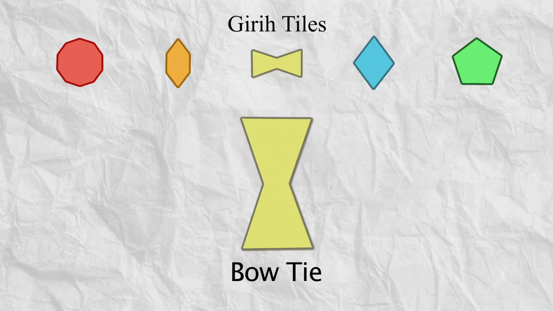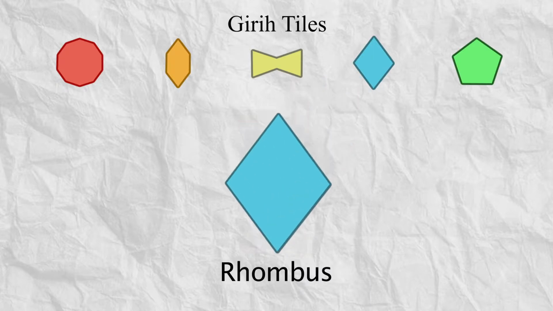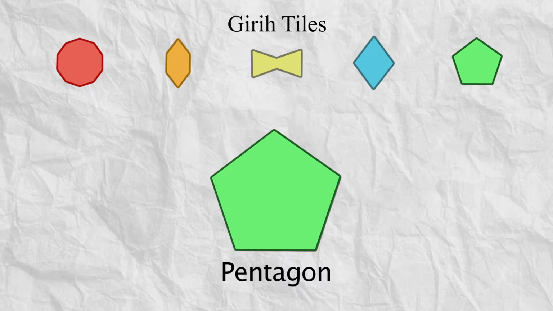A bow tie, non-convex hexagon with interior angles of 72 degrees, 72 degrees, 216 degrees, 72 degrees, 72 degrees, and 216 degrees. A rhombus with interior angles of 72 degrees, 108 degrees, 72 degrees, 108 degrees, and a regular pentagon with 5 interior angles of 108 degrees.